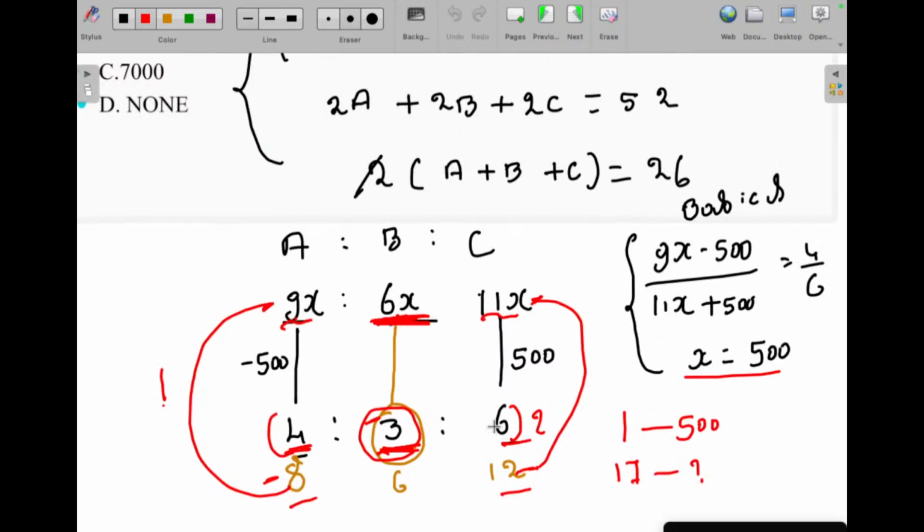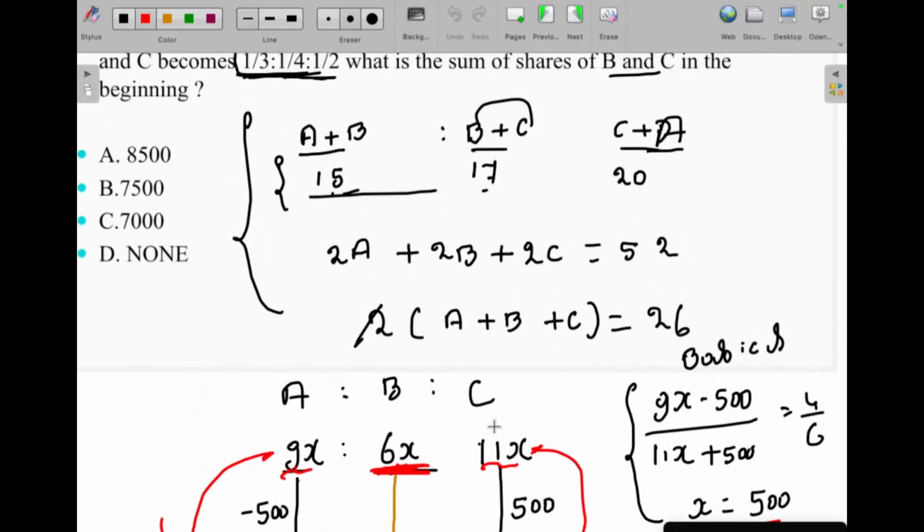Is it overriding? Online students, is it clear? Reply all if it is clear. Yes, sir. Yeah.